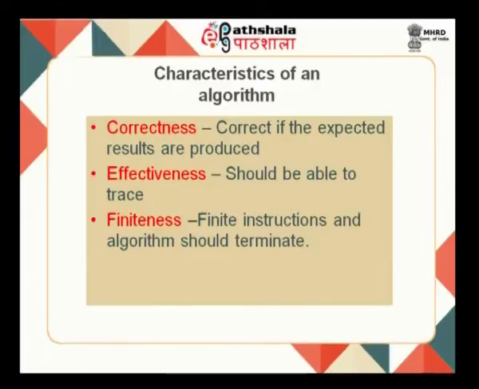Then effectiveness. By this we mean that the programmer or any user should be able to trace the steps of the algorithm using paper and pencil. Traceability is one important aspect of algorithms.